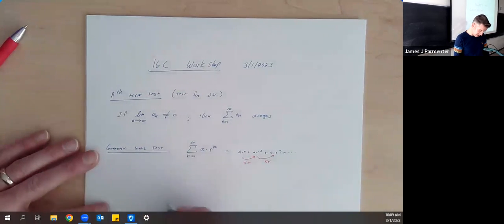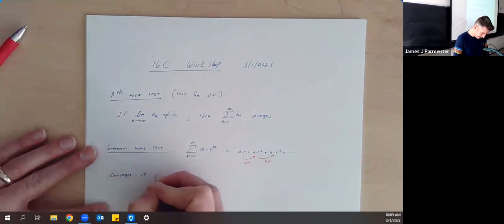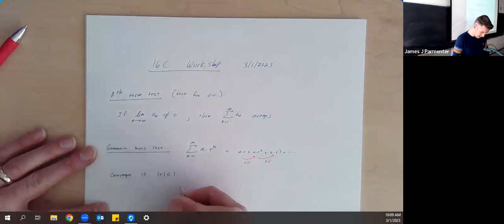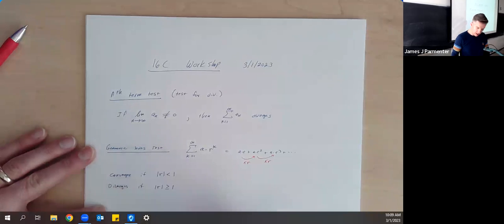If that's your series, then it converges if the absolute value of r is less than 1, and it diverges if the absolute value of r is greater than or equal to 1.